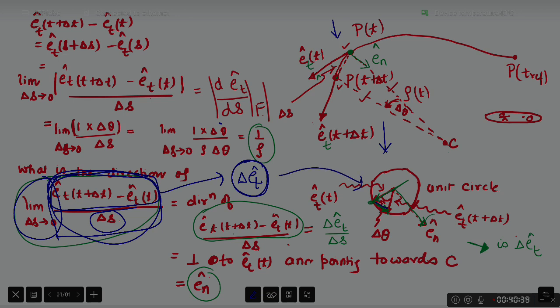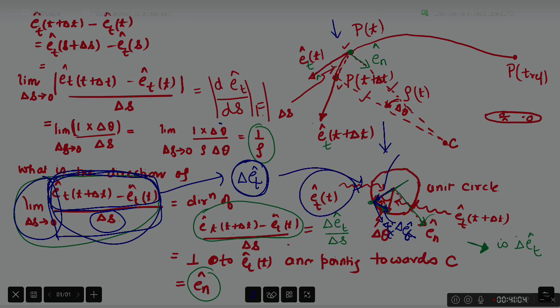This is my delta Et. In the limit delta S going to 0, this vector will become more and more perpendicular to this vector, right? And this vector is nothing but Et at t itself.